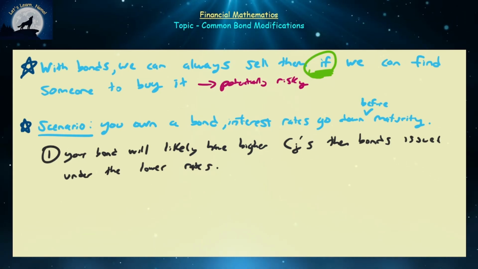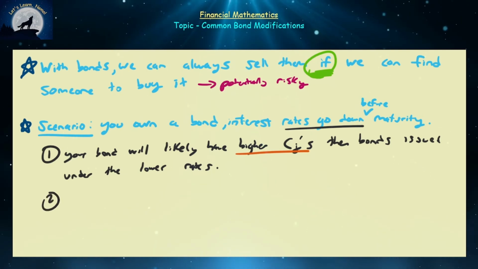Because if all the interest rates go down, that means the interest rate payments will also be lower as well. So that means if you sell your bond now, if you're able to at least, then your bond will actually have a higher value than those in the present time because they're going to be paying more periodically, right?